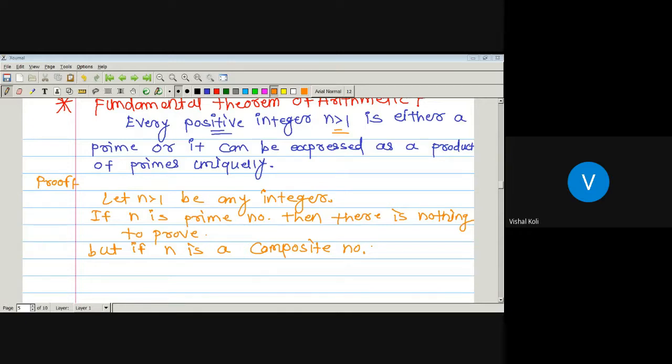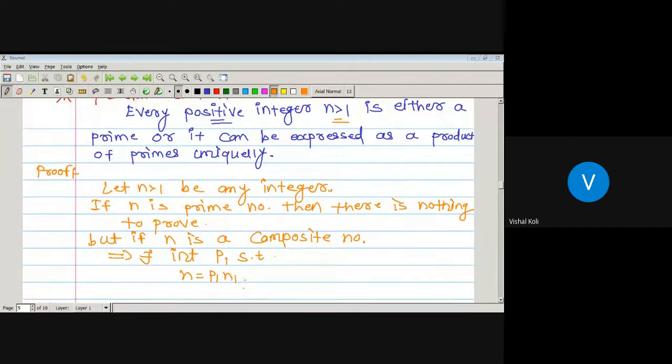And in the previous theorem we have seen that the smallest divisor other than 1 of any composite number is a prime number. So we will take that smallest divisor as a divisor of this n, which implies there exists an integer n1 such that n is nothing but p1 into n1.